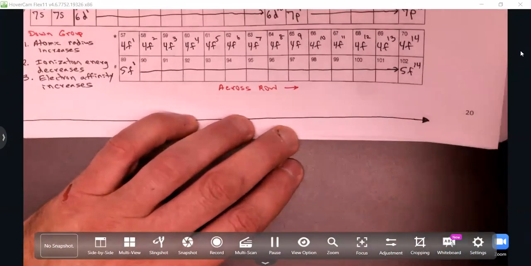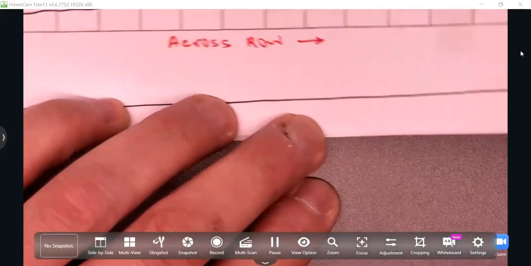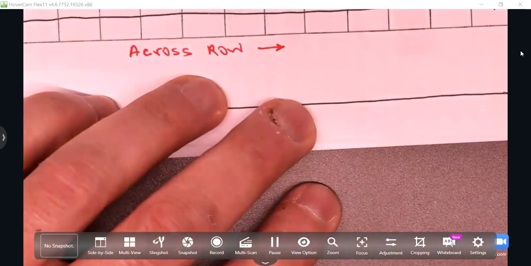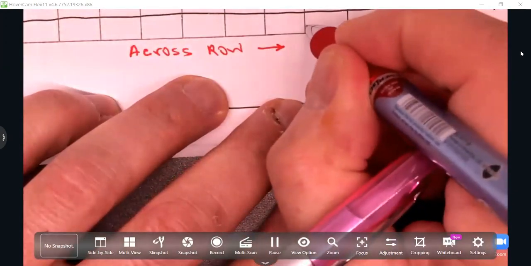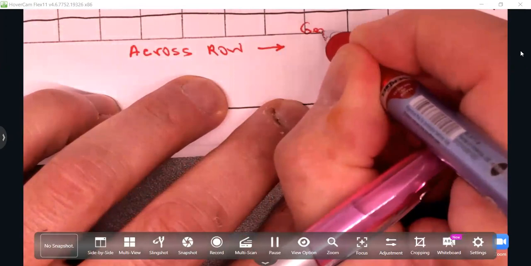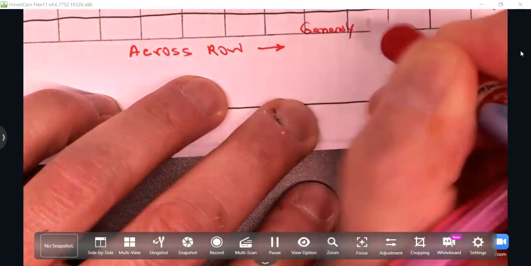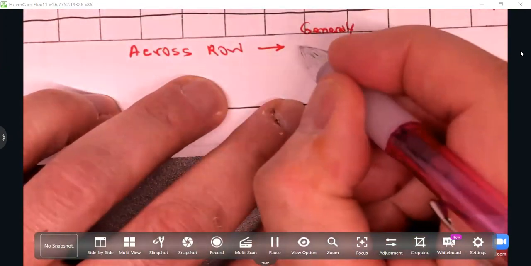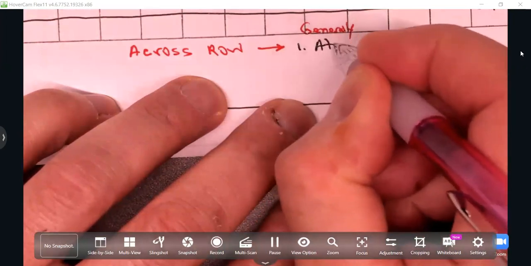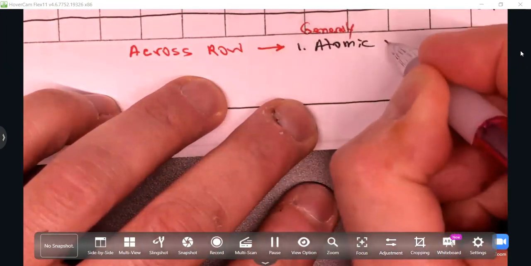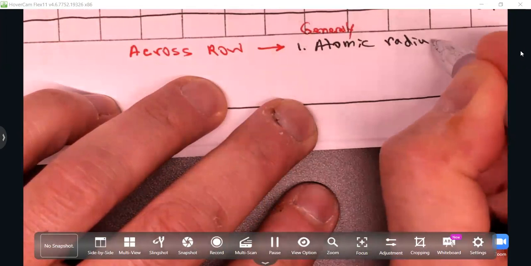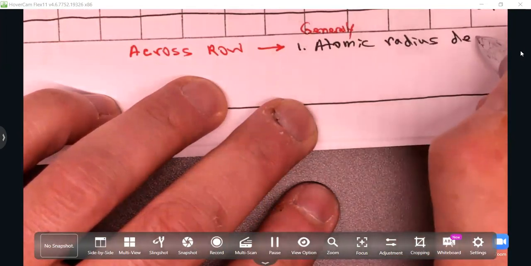Across a row, we can put the word generally again, it's not perfect. These are all generally. Atomic radius decreases.